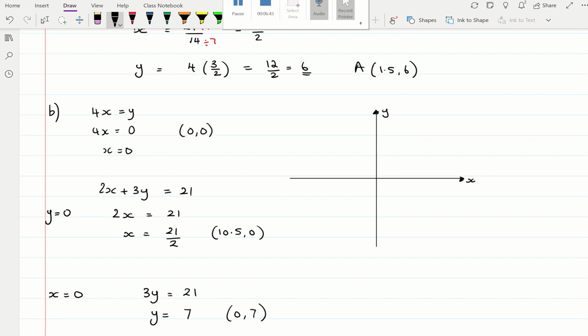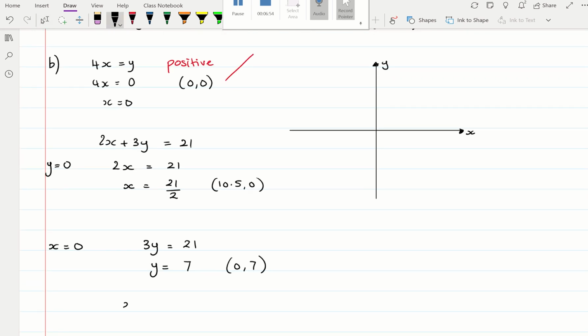And this line is a positive line, positive gradient, it's going that way. And this line, if I rearrange it, 3y equals 21 minus 2x. So this is a negative line with a negative gradient, so it's going like this. So let's have my ruler.